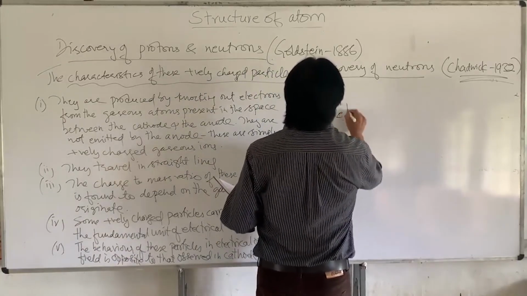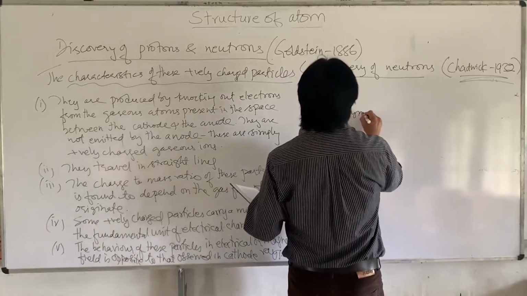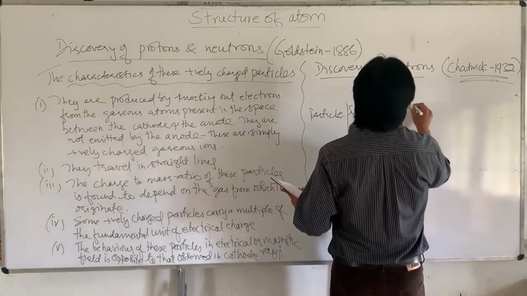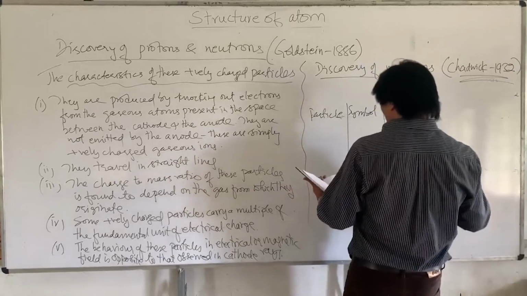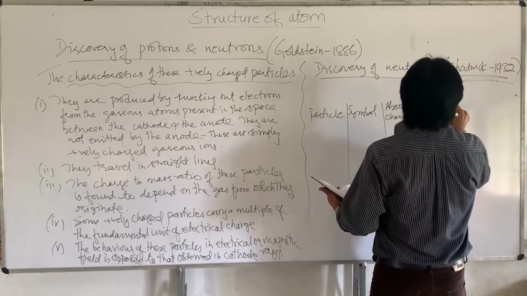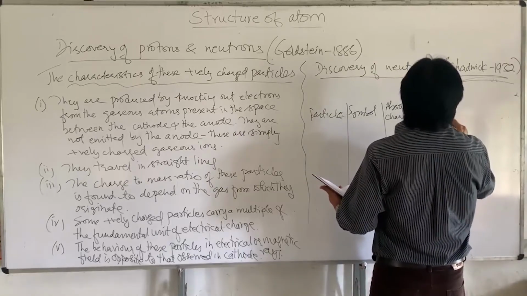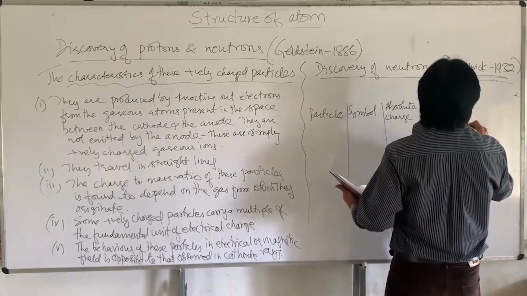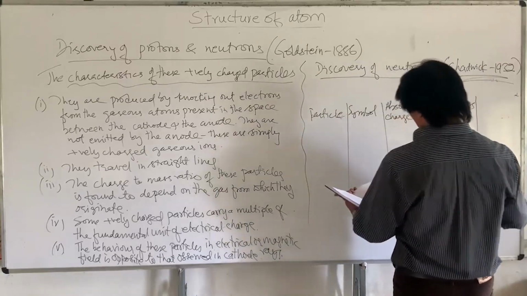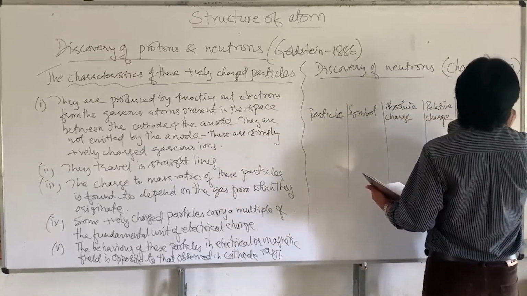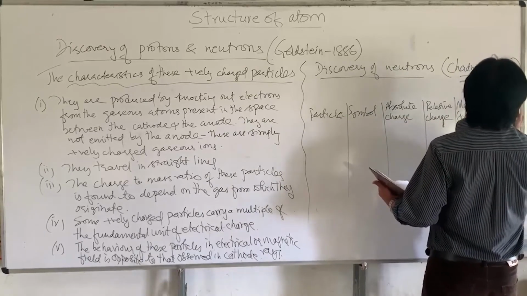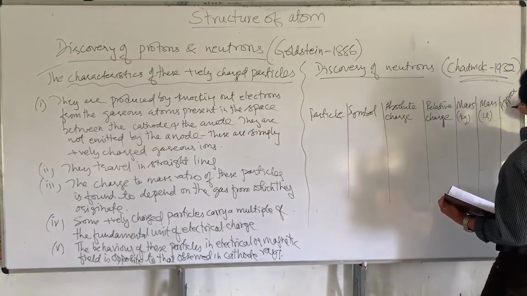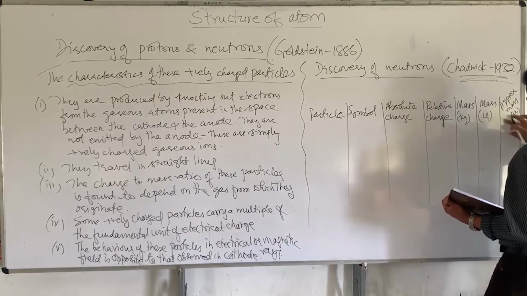The particle, and next you have the symbol for the particle, and then the absolute charge on the particle, that is the actual charge that is there on a particle, and then the relative charge on the particle, and then the mass in kg, and then the longest one, the mass in AMU, or unified mass, and finally the approximate mass in AMU, that is unified mass.